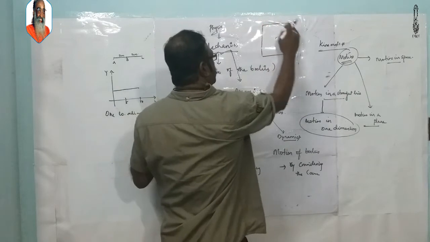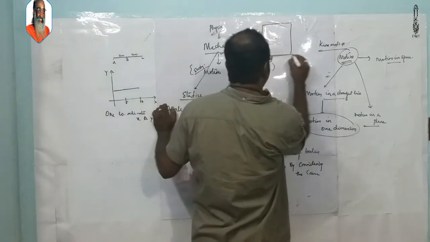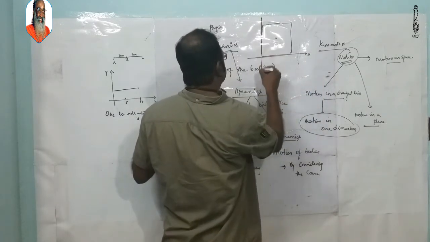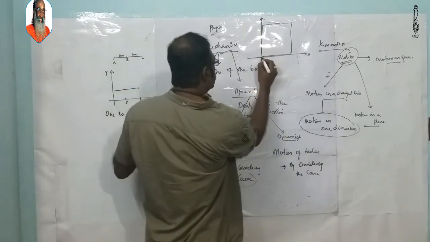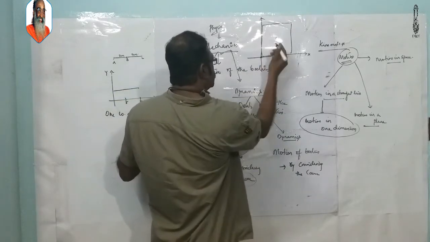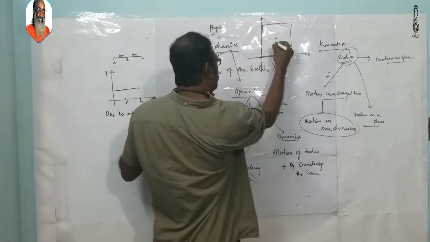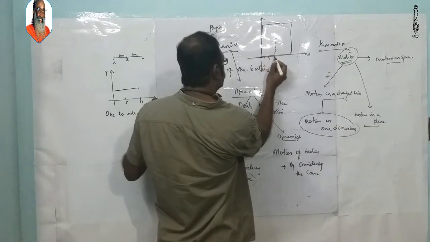So let us think this is a plane, and now I am taking this as the x-axis and this as the y-axis. From the origin, at what distance is it on the x-axis? Here, 1, 2, 3.